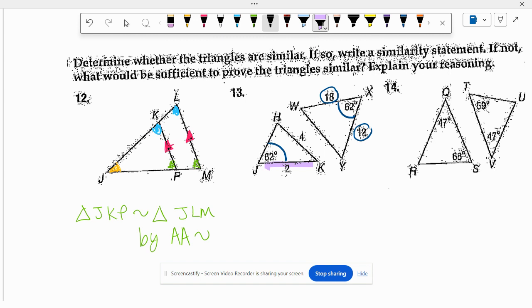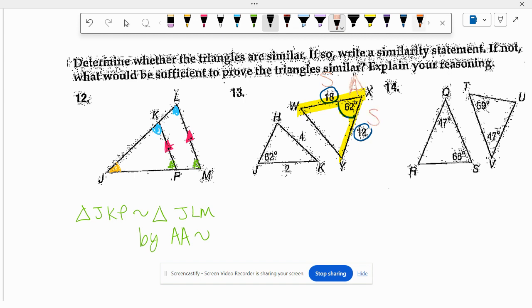Are the side measures nestled on either side of the angle? Do you guys understand what I'm asking you? Okay. This is my congruent angle, and I know this side measure and this side measure. So this would be a side angle side similarity.